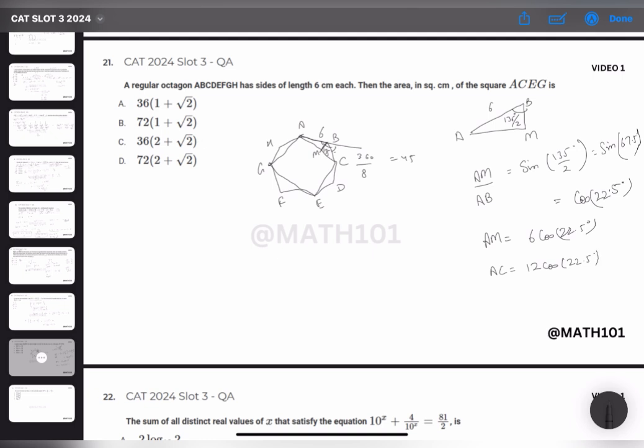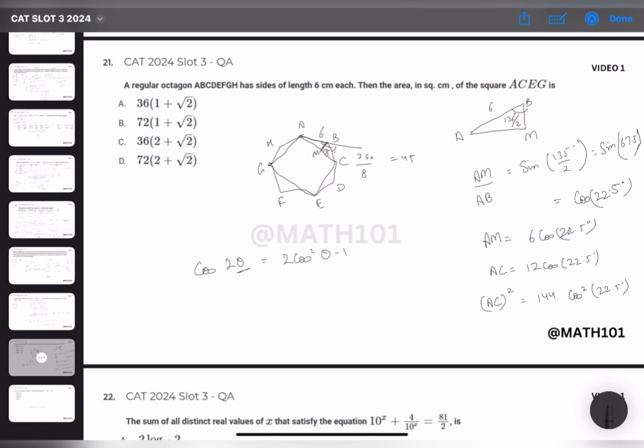And the area of the square would be side AC squared, which becomes 144 times cos square 22.5 degrees. Now we know that cos 2 theta equals 2 cos square theta minus 1.